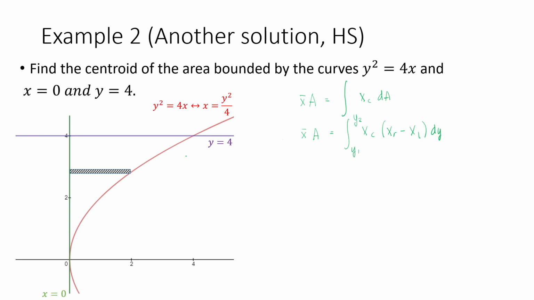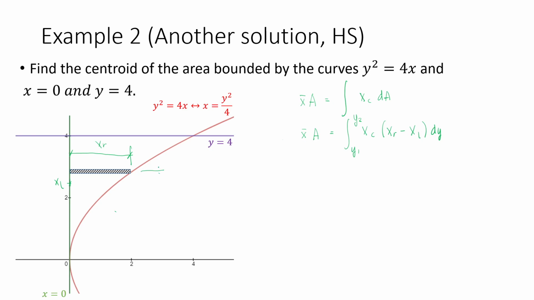This time, since we are now using the horizontal strip, we cannot directly use the x variable as our x distance, because we are now in the x aspect. So x sub right, then x sub left, then you take the average, since we are now in the horizontal aspect.